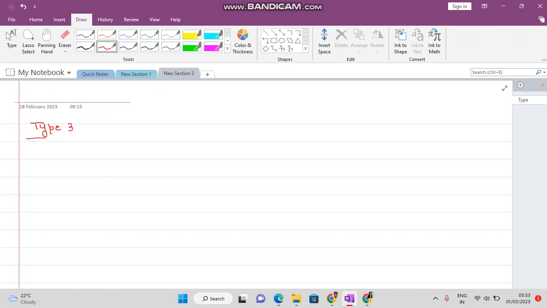So what is the type 3 problem? Suppose that you are given 1 by f of E, and suppose that here you have some polynomial function, denoted g of n, where g of n represents a polynomial function.